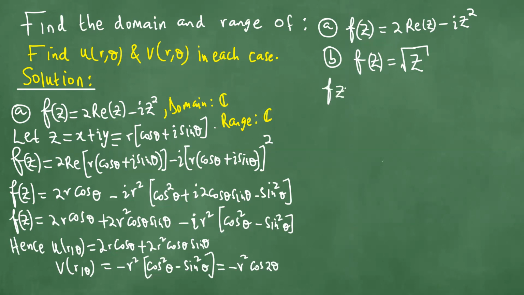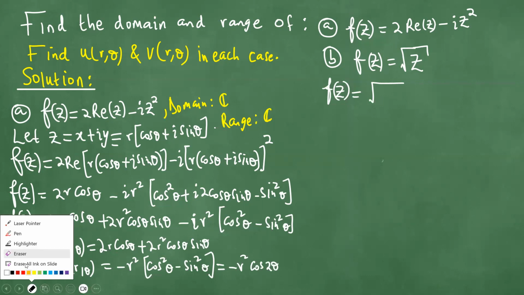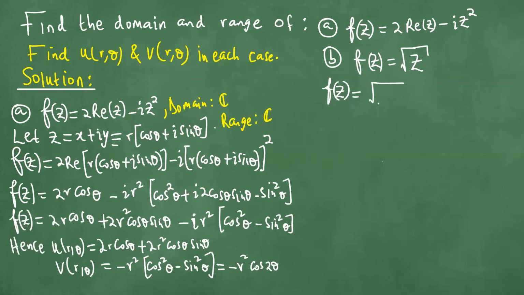Now f of z equals the square root of z. At this point, you can write z as r e to the i theta.